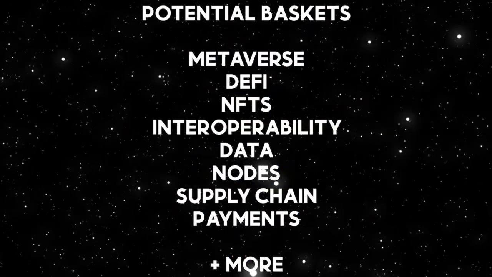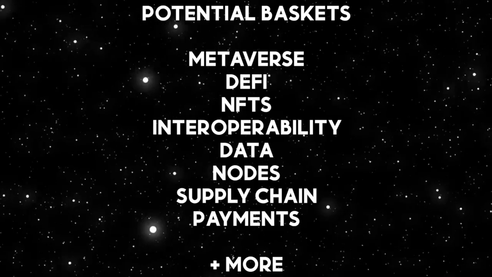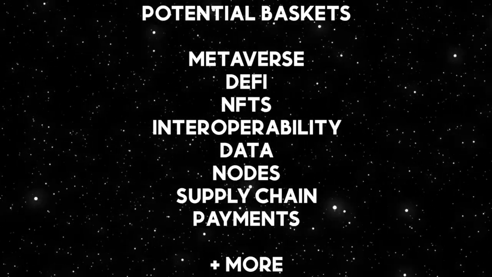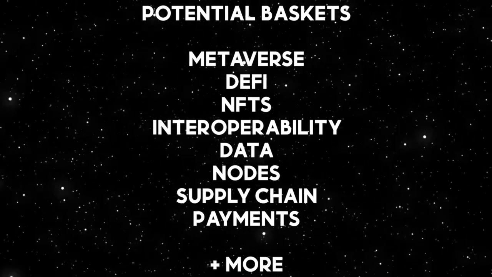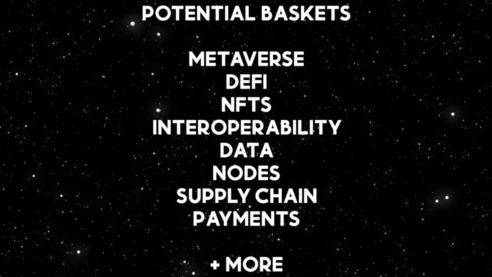So say there's an earthquake that hits. Well, now with Vectorspace's relationship detecting datasets, you can get potentially a short basket of some of the assets that'd be hit hardest by this certain global event. But this can also boil down more broadly into just basic thematic ETFs, like say a basket for metaverse tokens or DeFi or interoperability and any other subsectors and hot terms that are in trend out there.